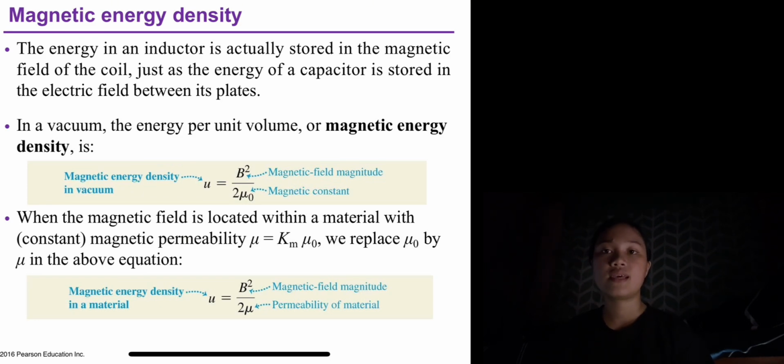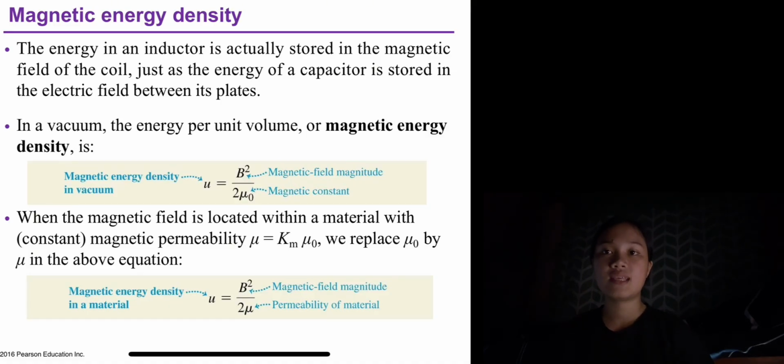Instead, it is distributed throughout the space where the magnetic field exists. This means that the energy is spread through the surrounding region and not locked inside the wire. The strength of the magnetic field determines how much energy is stored in a given volume.